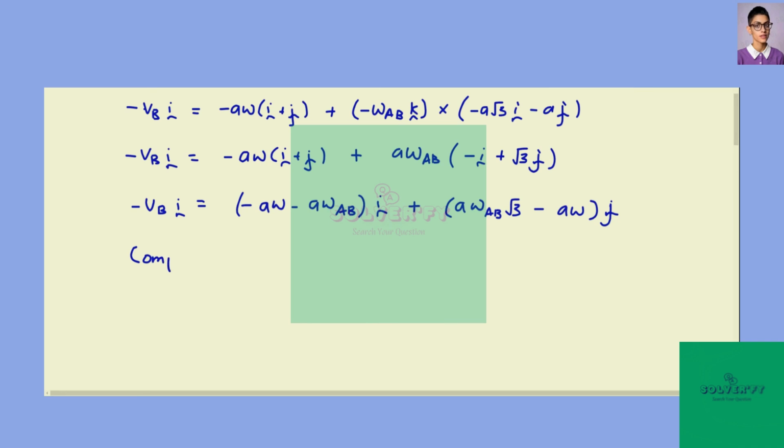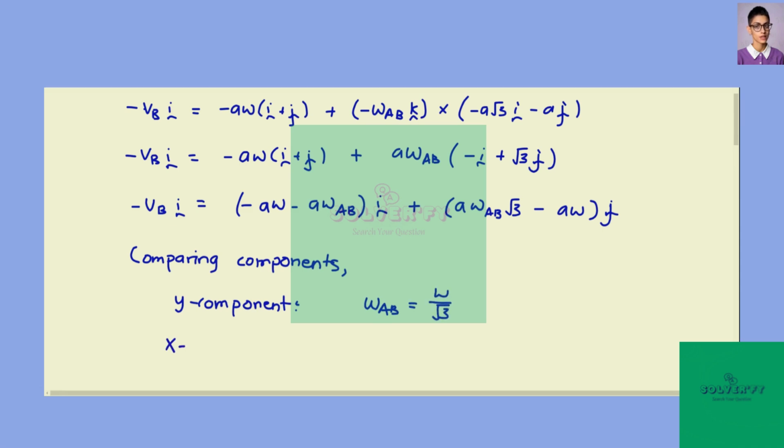Comparing components, from the Y component we get omega AB is equal to omega over root 3.